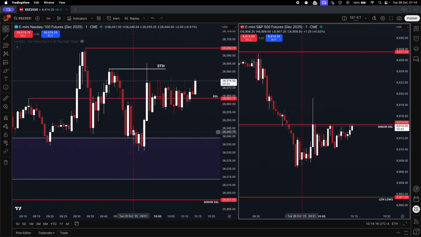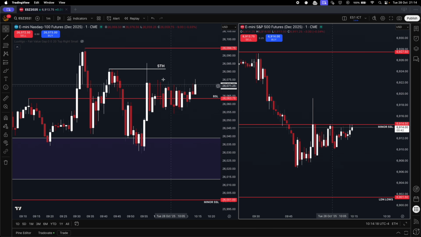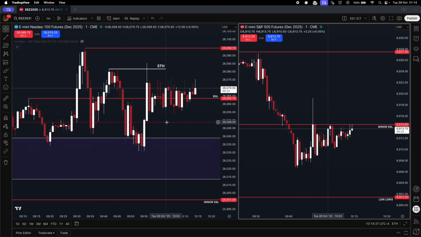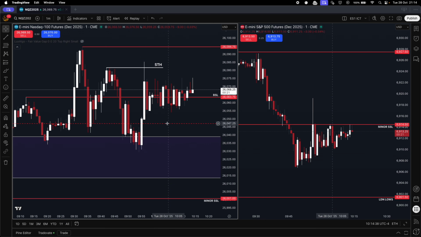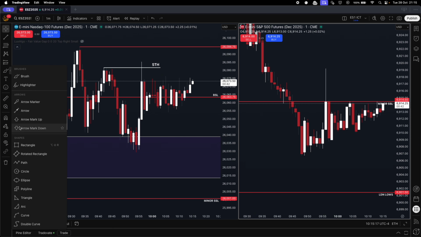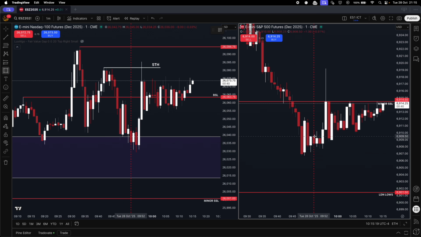But the reason for no entry on this position here is because when we shifted, we ended up taking out one of the highs, which we'd use to either trail our stops, and it would be the first draw for the trade, this minor buy side. So now we want to reseek sell side. Now it's not the cleanest, but it is paired with the gap on ES.